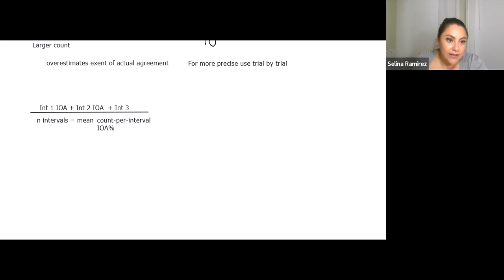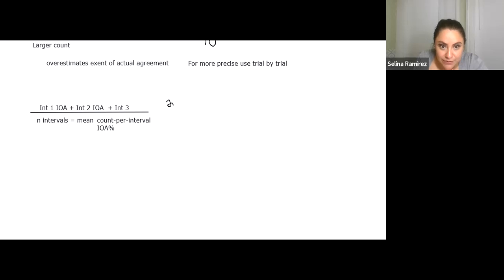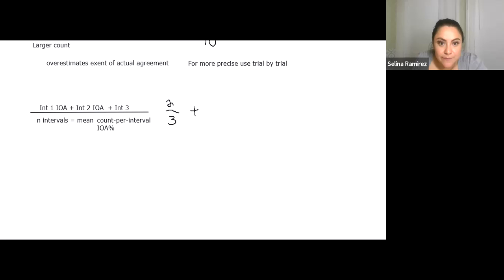What is our equation for interval 1? 2 over 3. Yes, 2 is the smaller one that observer 2 observed, over 3. So for our IOA for this one, it's 67% agreement. Okay, let's go to the next one. That's going to be 3 over 3. Here they agreed 100%.